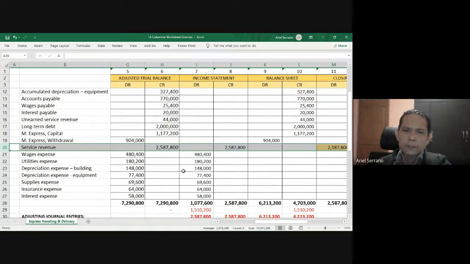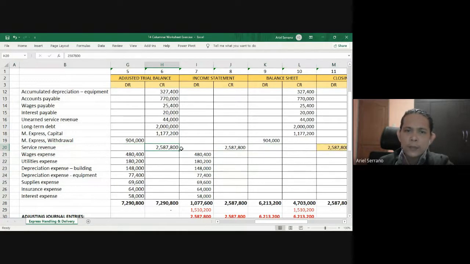Income statement presents your income accounts, the revenue accounts, and then the expense accounts. Our service revenue here is 2,587,800. We just have to pick the amount and put it on another column, column 8 for the credit. For the expenses, we just also have to copy the amounts here and place it in column 7. And there you go. You have your income statement.